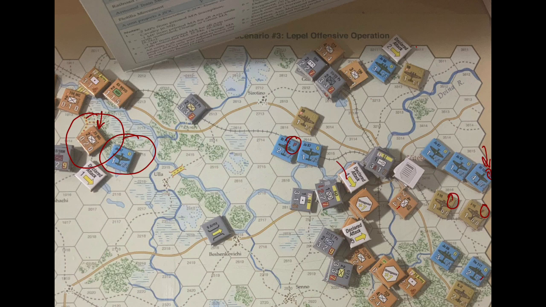But in the Soviet case, this unit has to be a division. The unit here is smaller than a division, and it has no other units surrounding it, so there is no anti-air fire. So in this case, the support is automatic, and you get this -2 die roll modifier.